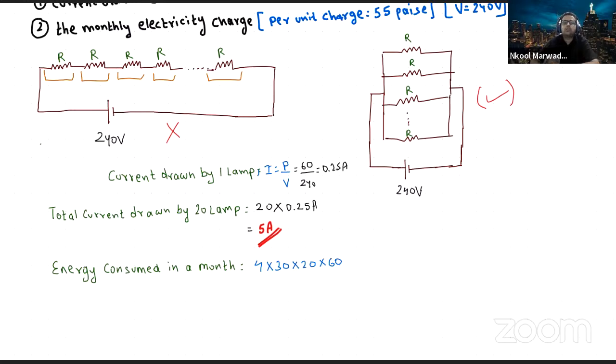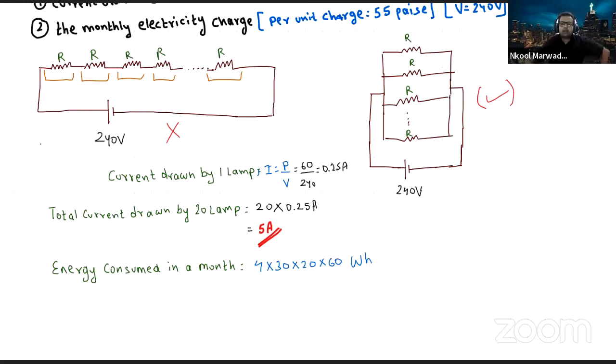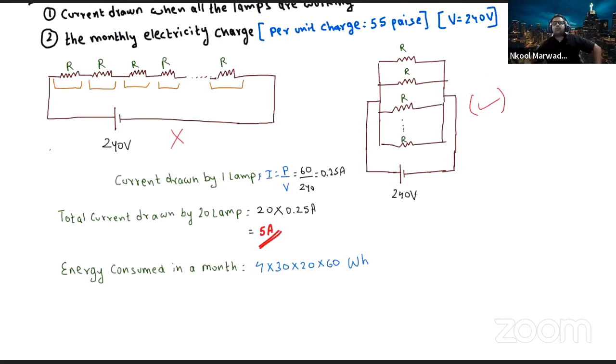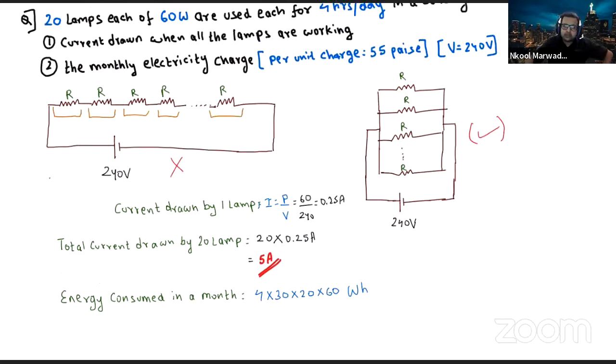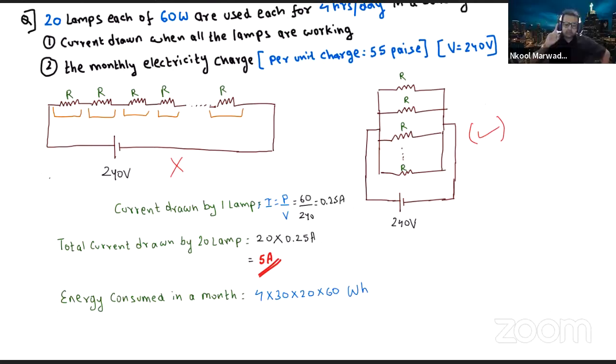Why we are not converting it into seconds? Because the unit is given as 55 paisa, it is per kilowatt hour. One unit is 1 kilowatt hour. Whatever I get, I will convert it into kilowatt hour, and based on that, I will get the units, and I will multiply that unit with 55 paisa.